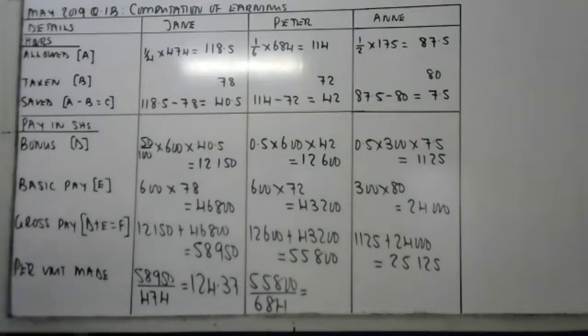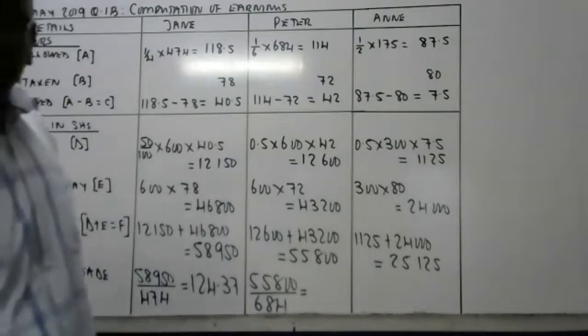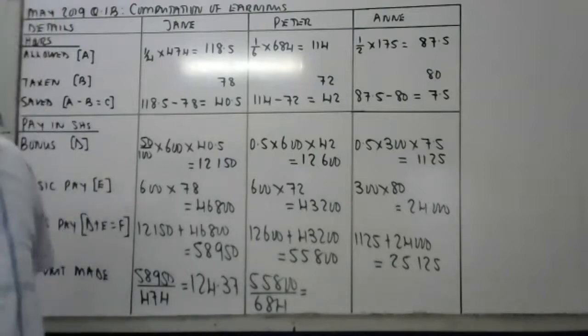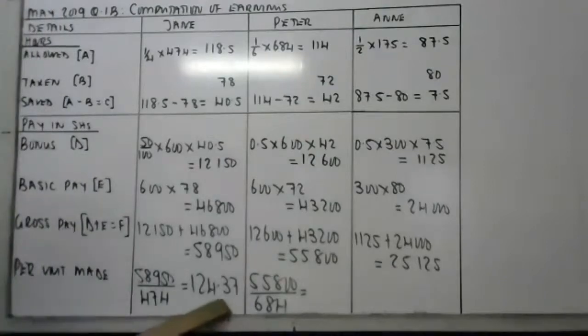Or you give the other one, 55,800 divided by 684. So I do not know why you are getting 0.1. The correct answer is this one.